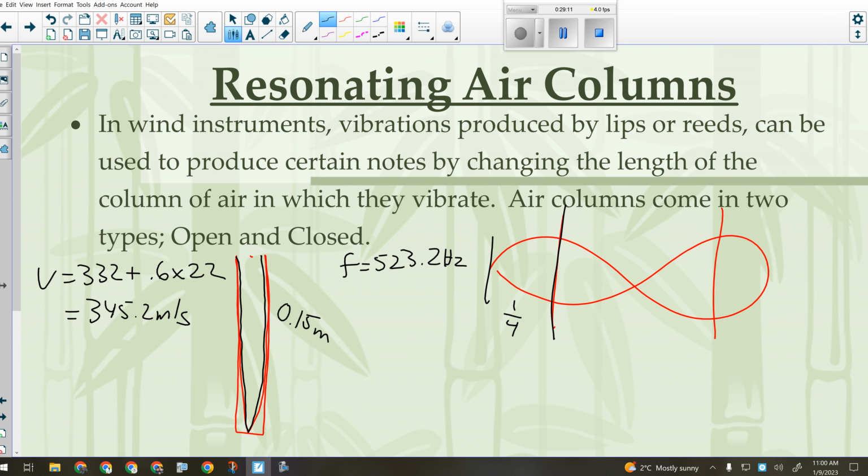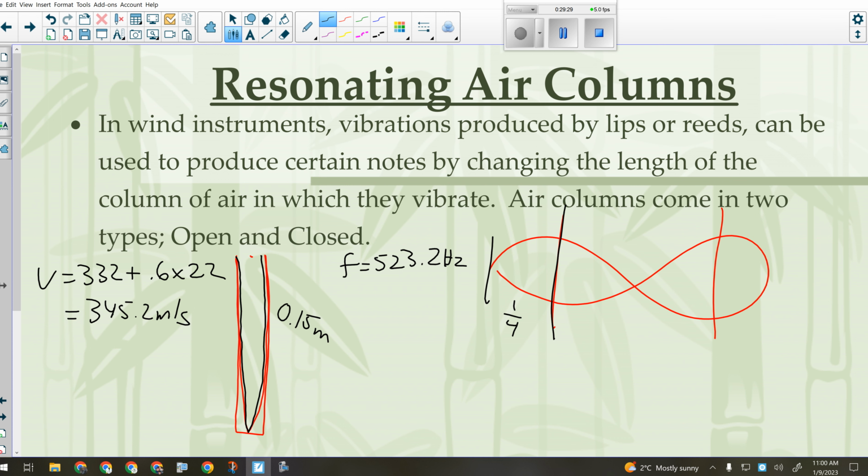Is there a possibility I could get more spots like that? Where do you suppose the next one would happen? 3/4. At 3/4, yeah, because at 1/4 I got one. At 3/4 is the next antinode, right?